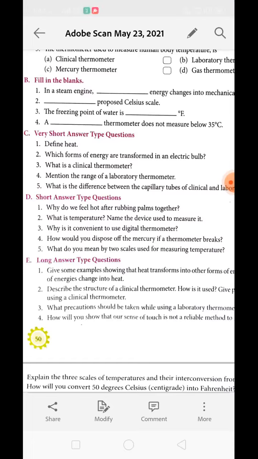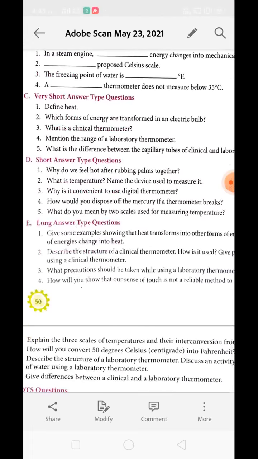Third question: what is a clinical thermometer? A clinical thermometer is a thermometer that is used to test the body temperature of a living organism, or the human body. Fourth question: mention the range of the laboratory thermometer. The range of the laboratory thermometer starts from -10 and ends at 110 degrees centigrade.